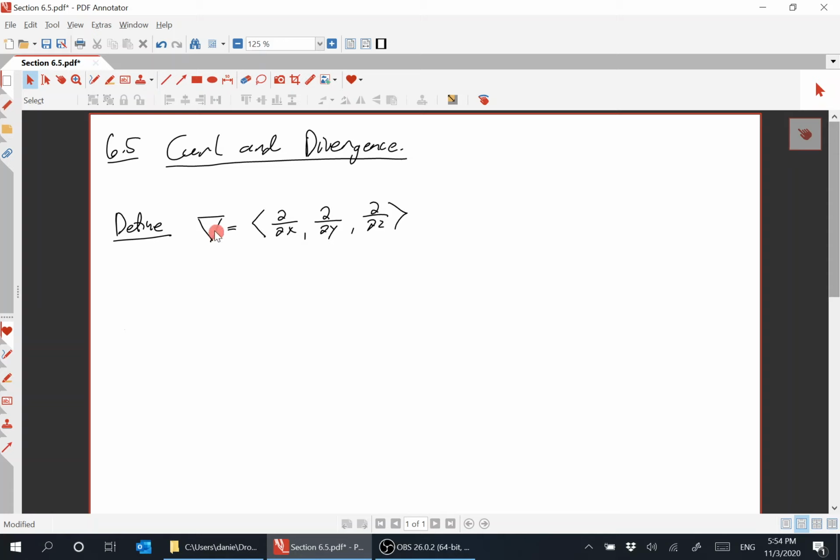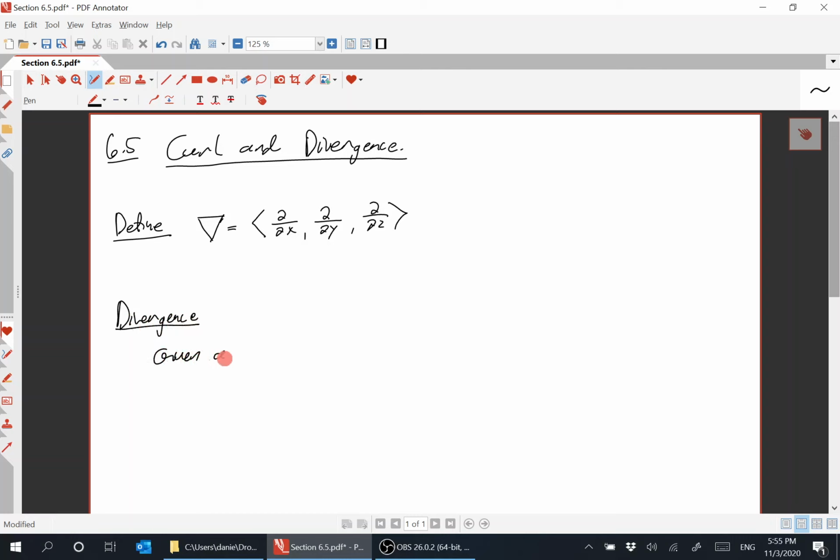So define, and we've used this thing before, this gradient operator. It's the three-dimensional vector with differential operators partial with respect to x, partial with respect to y, and partial with respect to z. So now the divergence is defined as follows.